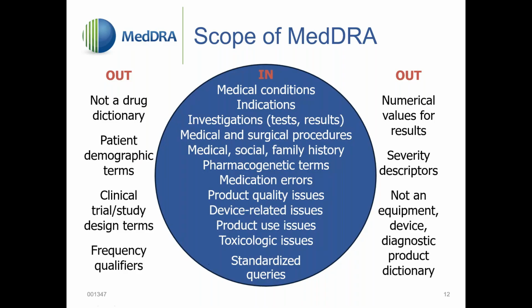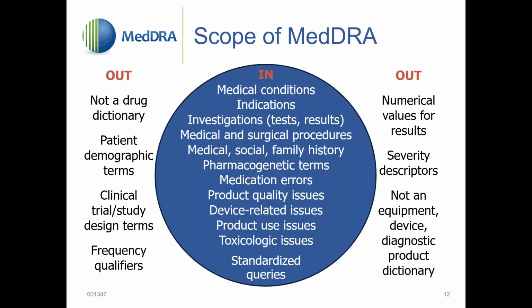You will only find a few of them on PT level where clear medical definitions exist for characterization of the condition, like in the case of PT severe acute respiratory syndrome, SARS. You will not find any numerical values for investigational results, lab results, but qualifiers like normal, abnormal. I mentioned that already.